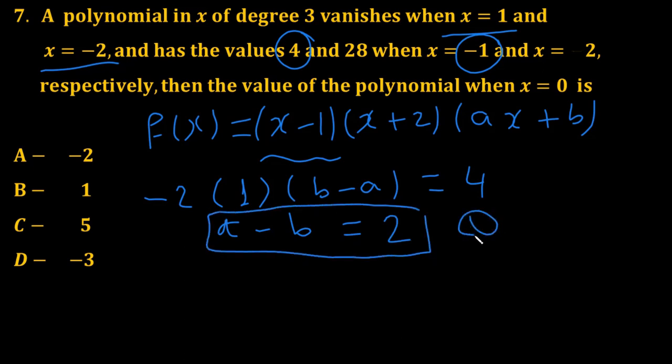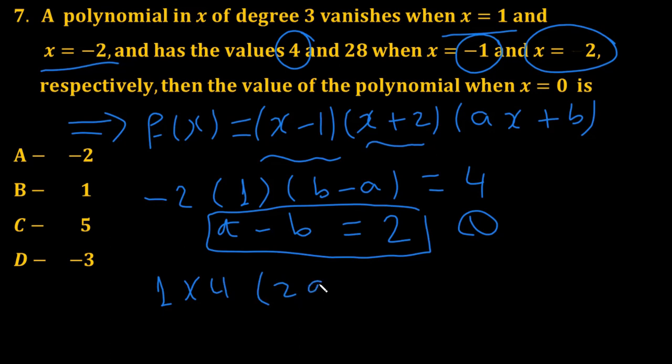Now we substitute x equals 2. So from this relation we get 2 minus 1 equals 1, times 2 plus 2 equals 4, times 2a plus b, and this will equal 28.